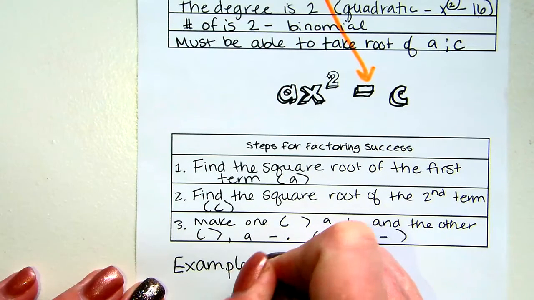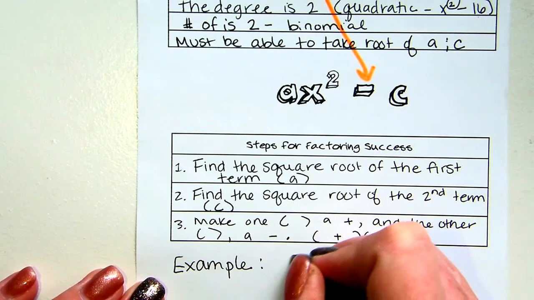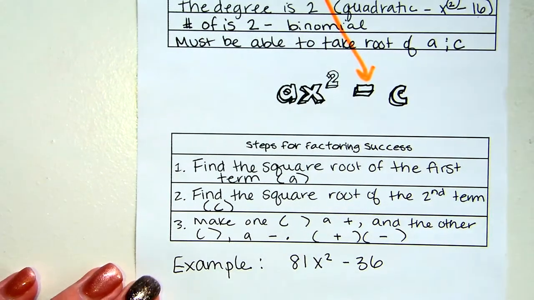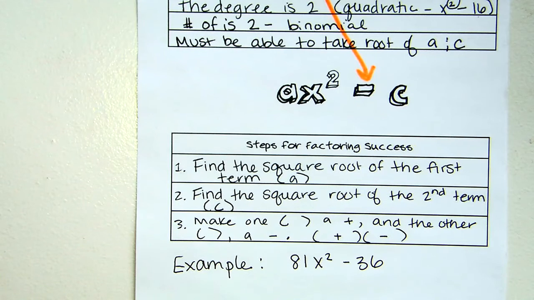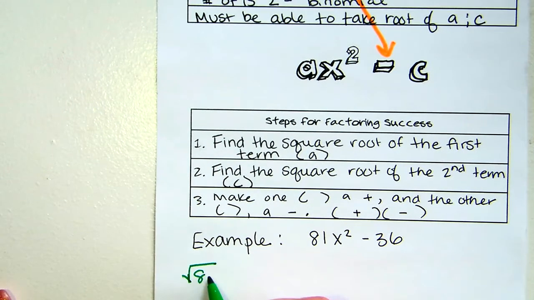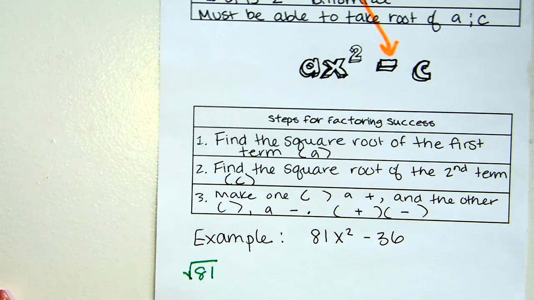Our example is going to be 81x squared minus 36. Using this example, we are going to find the square root of 81. Okay? So the square root of 81.